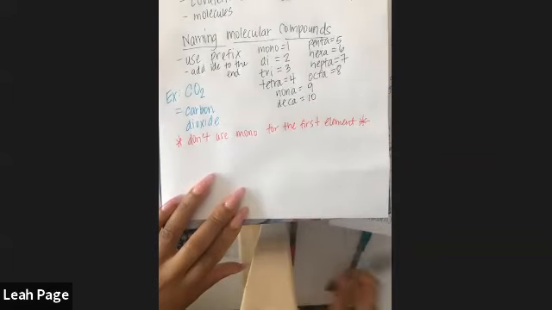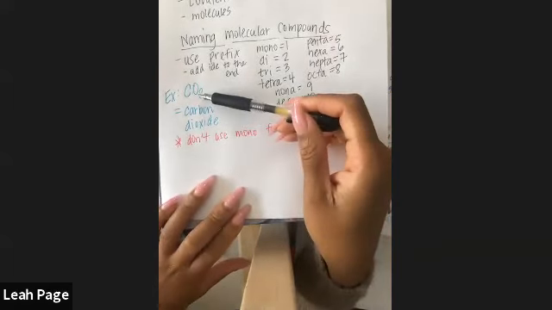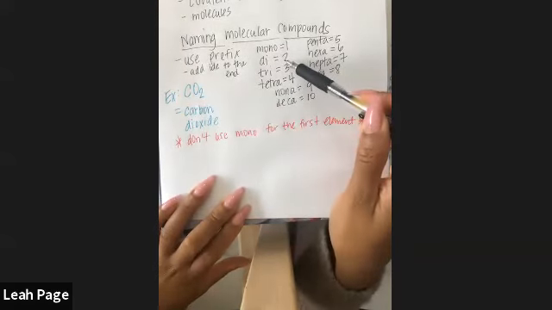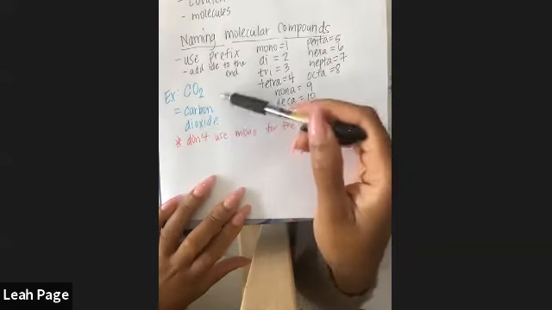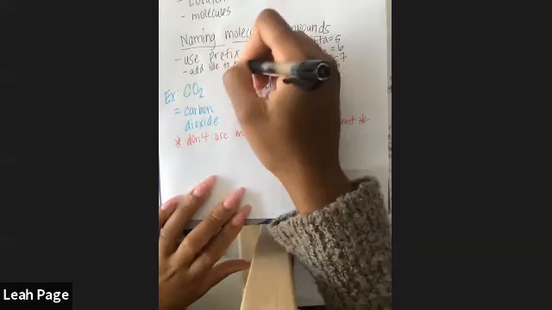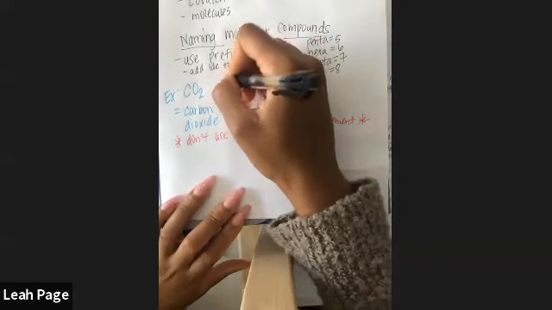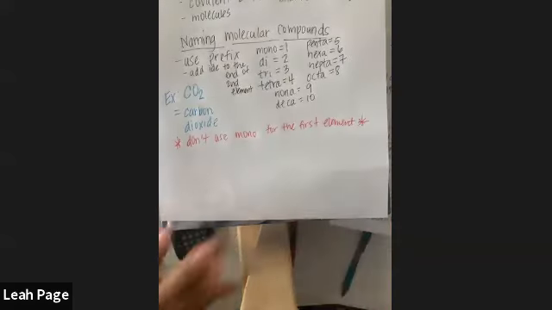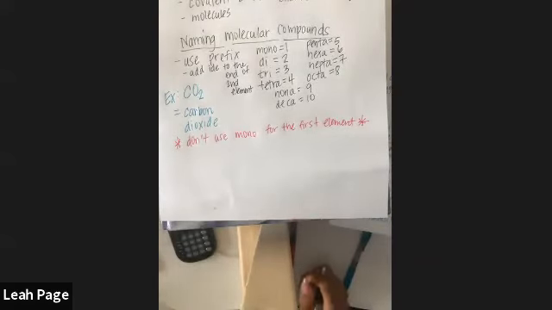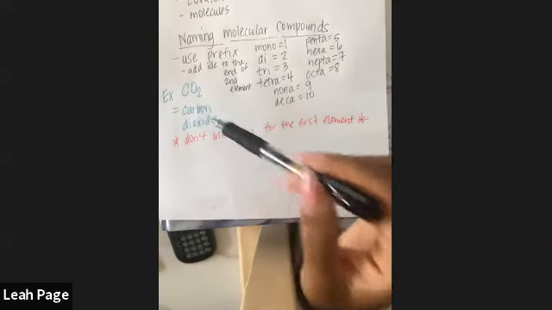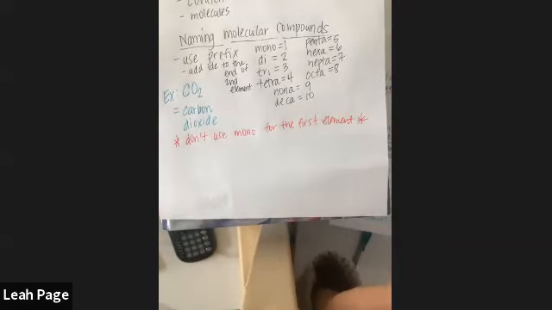So we're not gonna use mono in the first element, but then when we get to the second element, we see, okay, oxygen has two, we say di for two, and then we're still gonna add IDE to the end of the second element. So we say dioxide. So we're literally using the prefix to say how many of each atom we have, and then we're still gonna add IDE to the end of the second element.